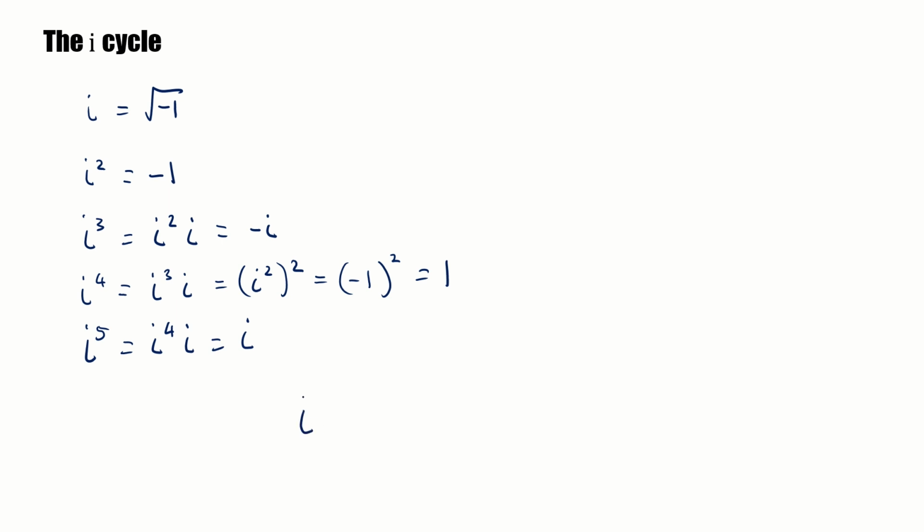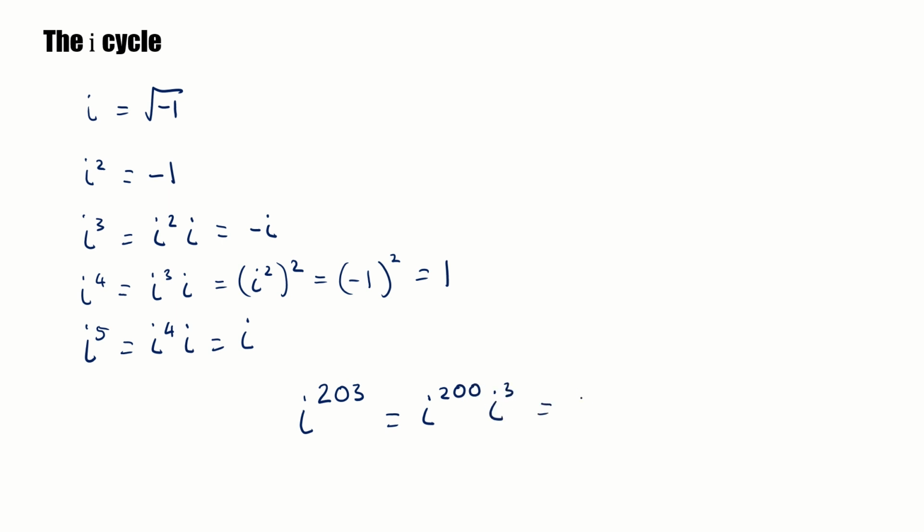What happens if you want to do i to the power of 203? Well, the thing to be aware of there is the number 200 is a multiple of 4, and it's the last multiple of 4 below the number 203. So therefore we can rewrite this as i to the power of 200 times i to the power of 3.